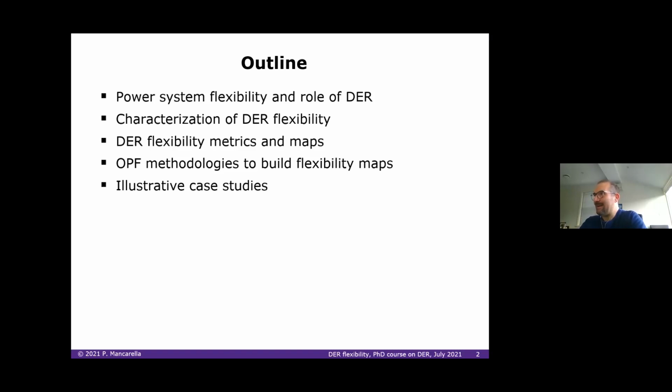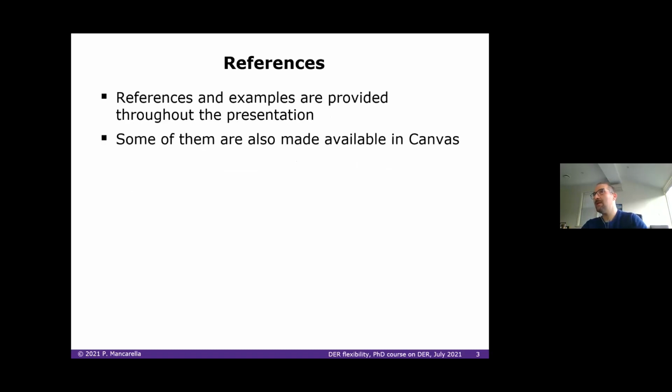And then a couple of methodologies, in particular OPF approaches to build these flexibility maps. And then there will be some illustrative case studies, examples I will give you, and also some demo with the Jupyter Notebook, as I mentioned earlier. There will be references in each slide, and I will also put some of these references as primary papers in Canvas, so that for your convenience it should be easy to see where the work I'm presenting is coming from.